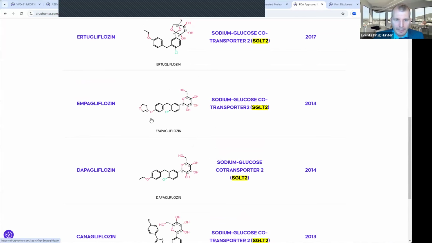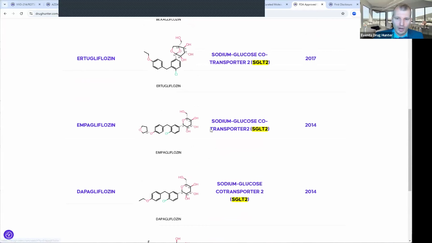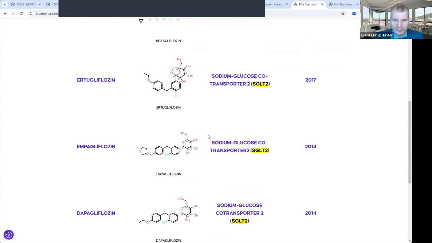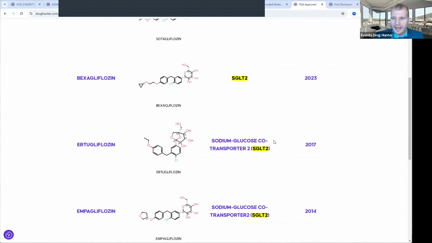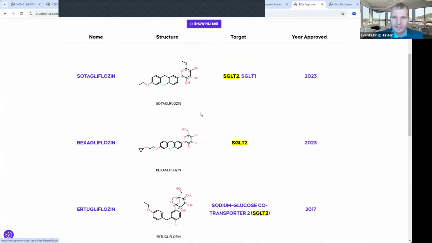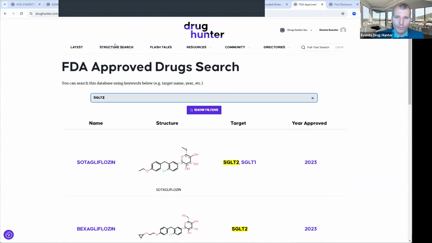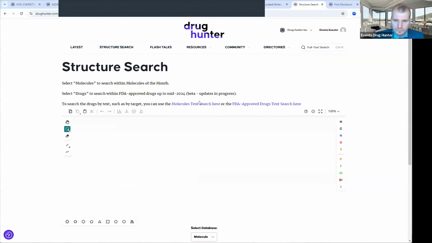In the same year, you got empagliflozin approved, which is Boehringer Ingelheim's Jardiance, which brought in about $10 billion at the top peak sales per year. And even 10 years later, the innovation lies in the ether group here. So you have the exact same aryl C glycoside, and only the ether functional group here is modified. So those are some of the trends that you can then identify with that tool.